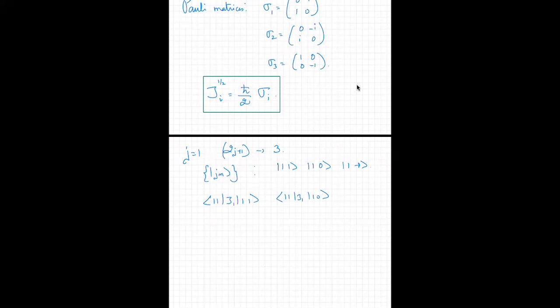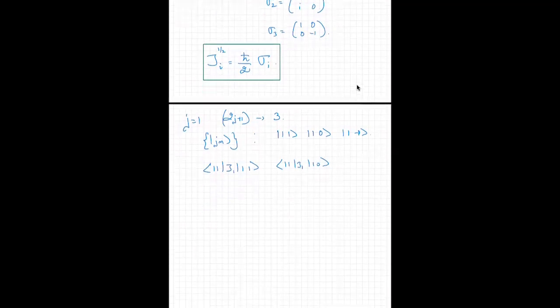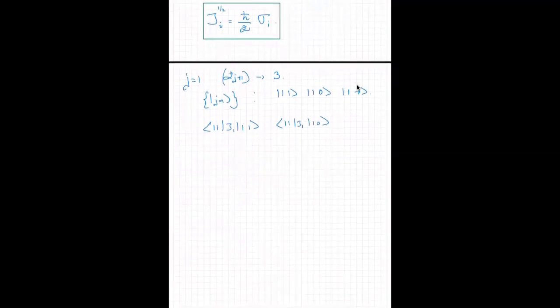Hello, sir. Yes. Sir, which will be the one element, whether it will be <1,-1|J1|1,1> or <1,1|J1|1,-1>? So it doesn't really matter. You have to arrange it and be consistent with it. The notation that is usually adopted is to arrange it in this fashion. So this is 1,1.